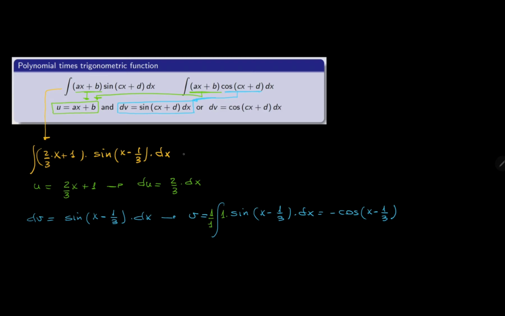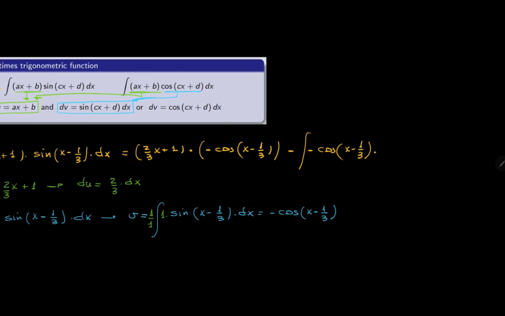I'm ready to use the by parts formula, and it's u times v, minus the integral of v times du, which is 2/3 times dx.